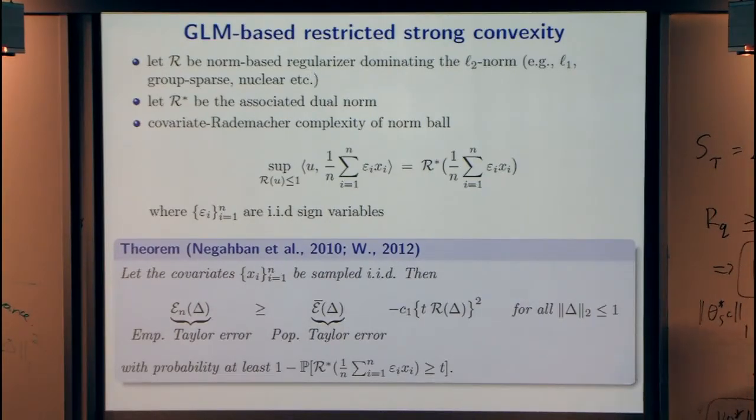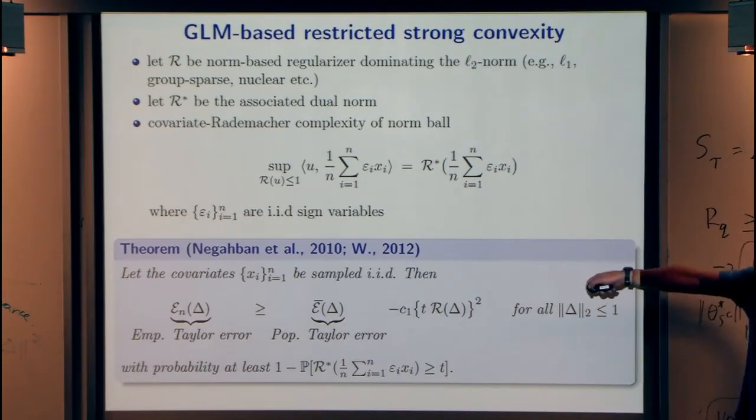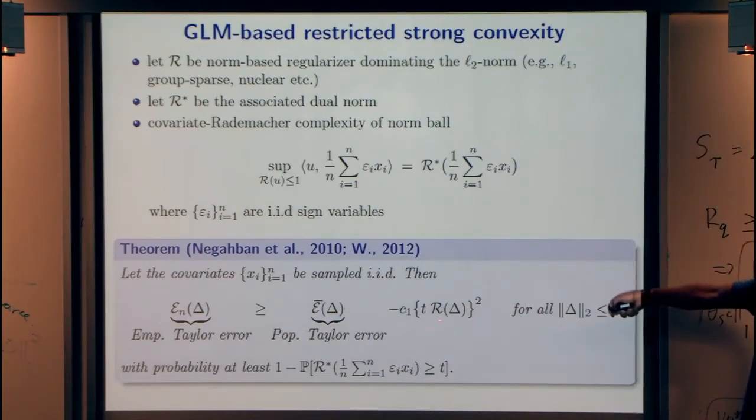There are actually no assumptions on the covariates other than that they're IID. What it says is that your empirical Taylor error will be bounded by the population quantity, minus a term of this form. And then t here, we have to plug into this equation. You need to choose t so that to make your probability small, it has to be somewhat larger than this random variable here. So that's sort of a uniform law.